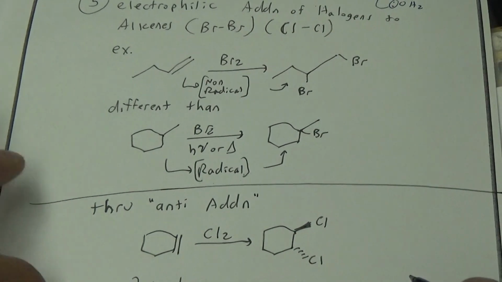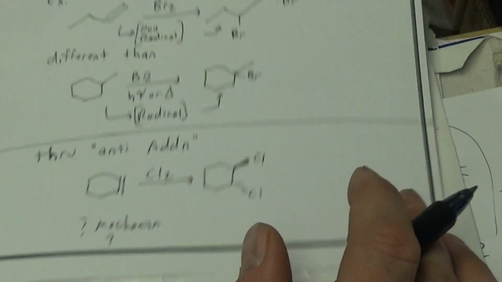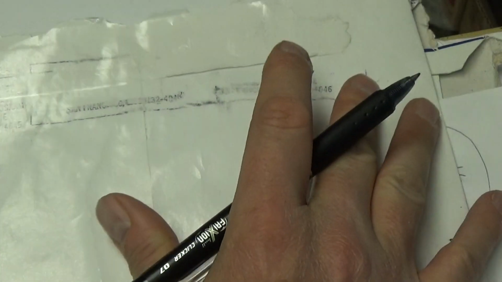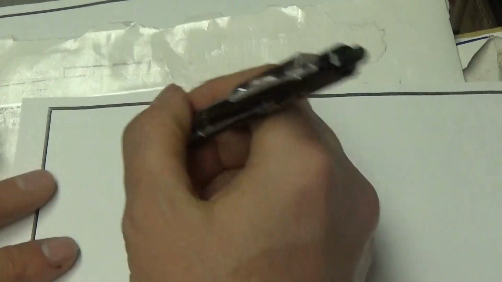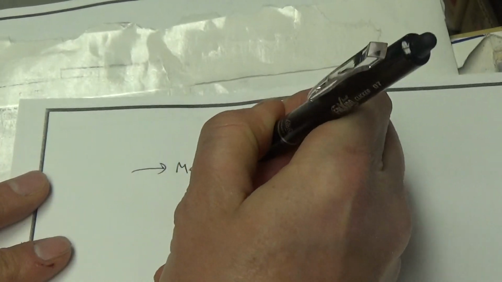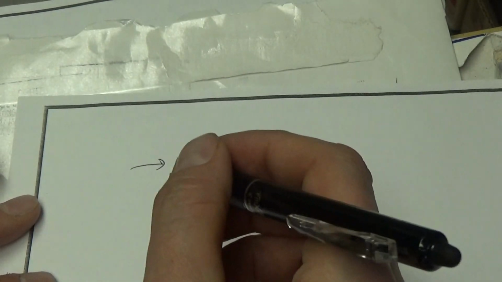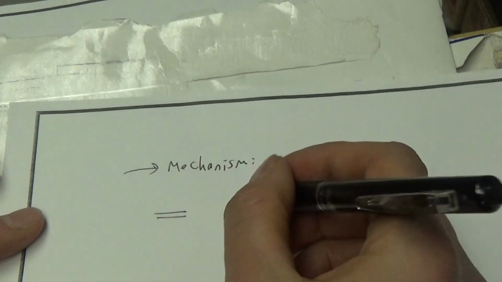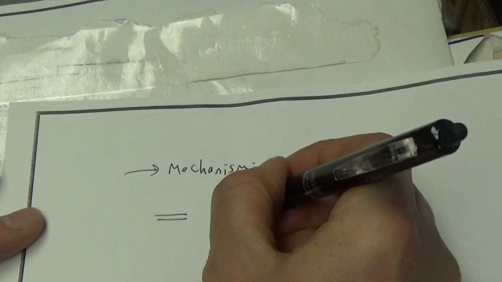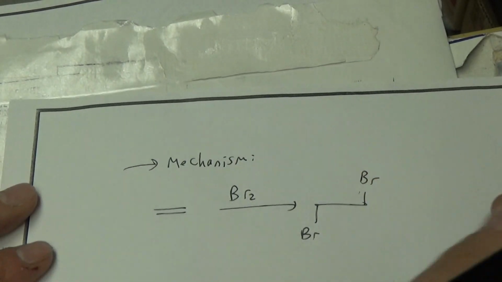So, I'll show the mechanism on the next sheet, how this actually works. The mechanism of this halogen addition is that we'll just do ethylene as an example, Br2, and you get Br on the one side, Br on the other side.